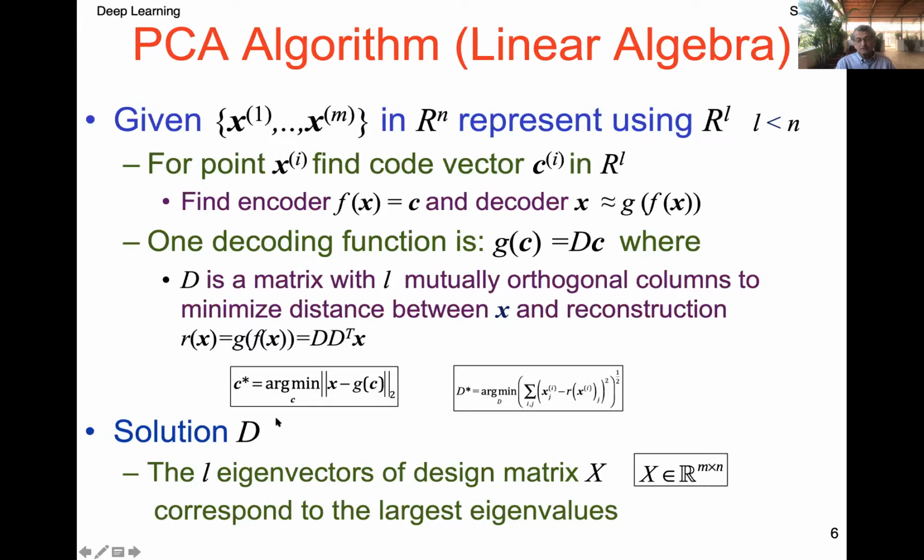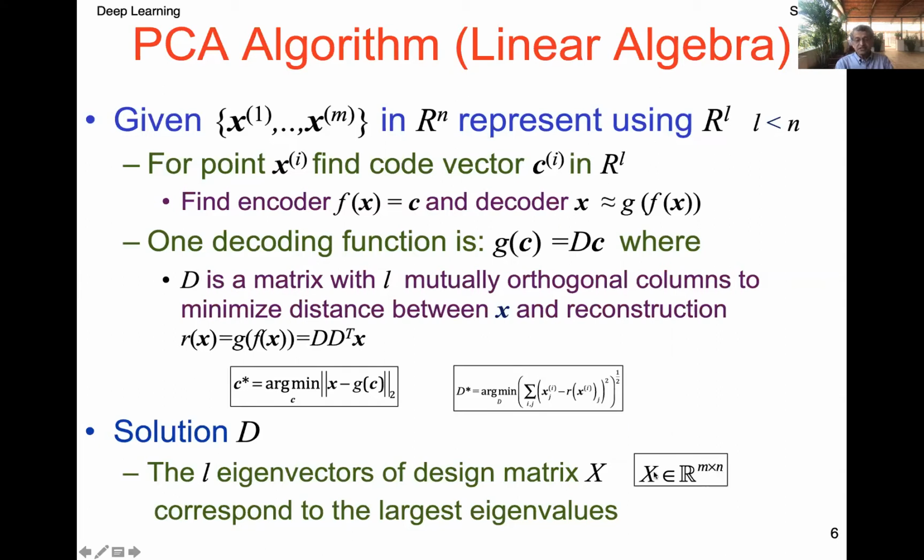And so if your problem is stated, it's all in algebraic terms. The solution D is the L eigenvectors of the design matrix X. So this X belongs to R^(m×n). M is the number of samples, and N is the dimensionality of that space.